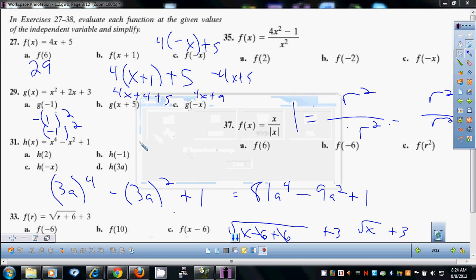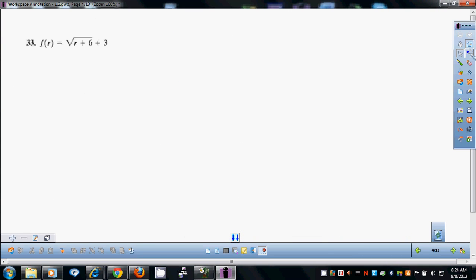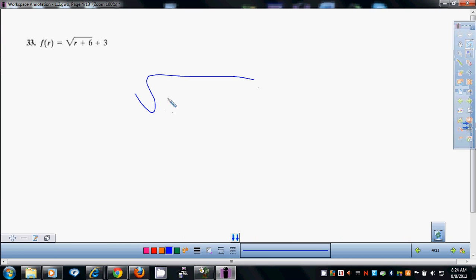I probably shouldn't have, but I skipped that step because that parentheses is going to end up just going away anyway. But you're correct. So that would have been square root, parentheses, x minus 6 plus 6, plus 3. You're right. I skipped that because I saw it was eventually just going to go away anyway.